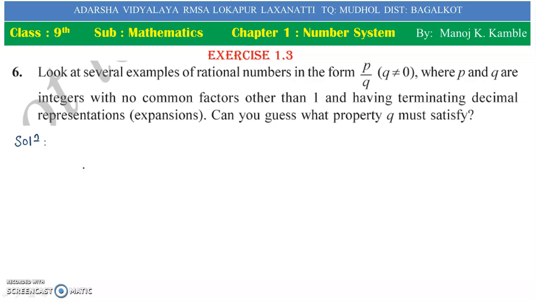Okay, here the question is asking: no common factor other than 1, and having terminating decimal representations. The value of q must be satisfied when it becomes the terminating decimal expansion.